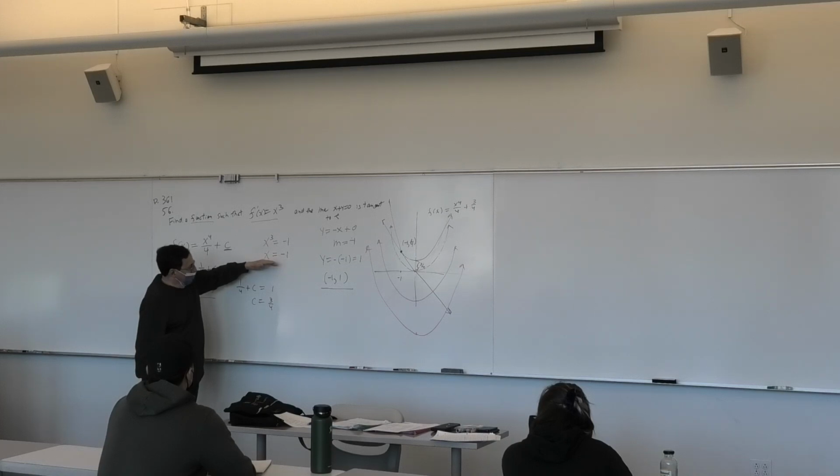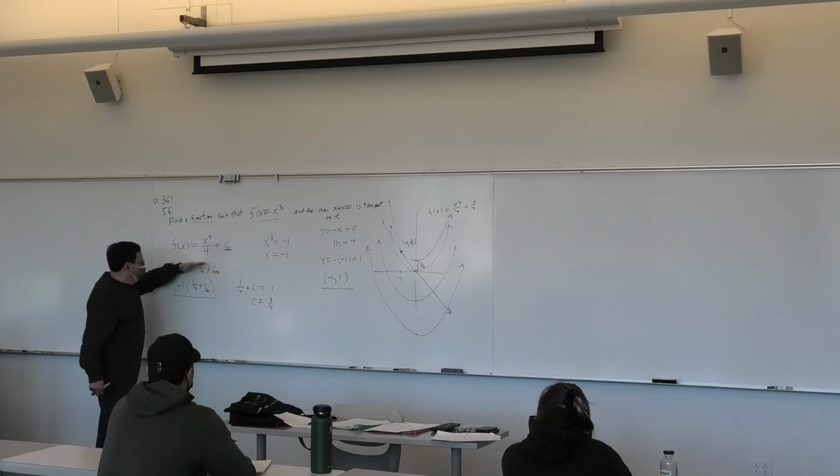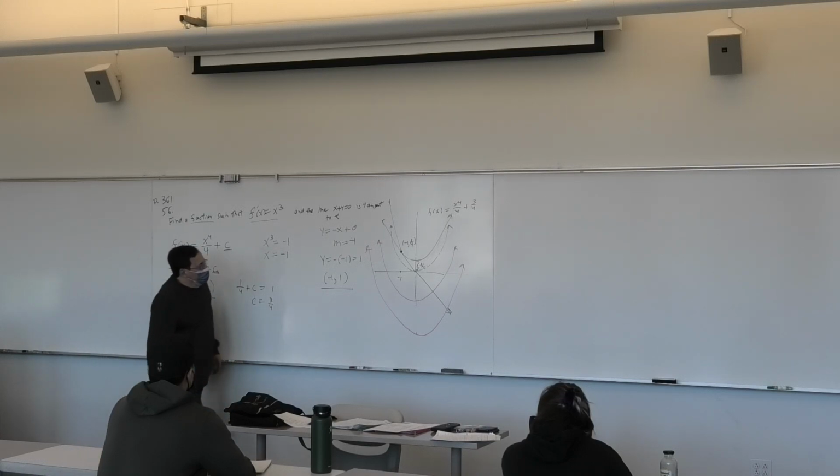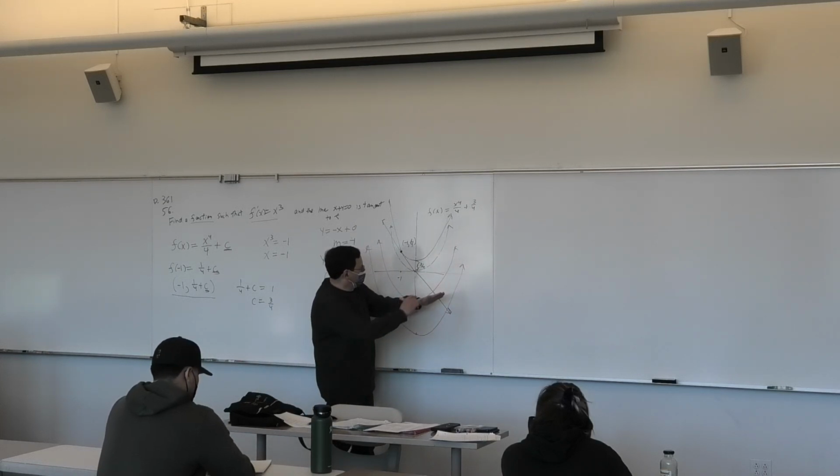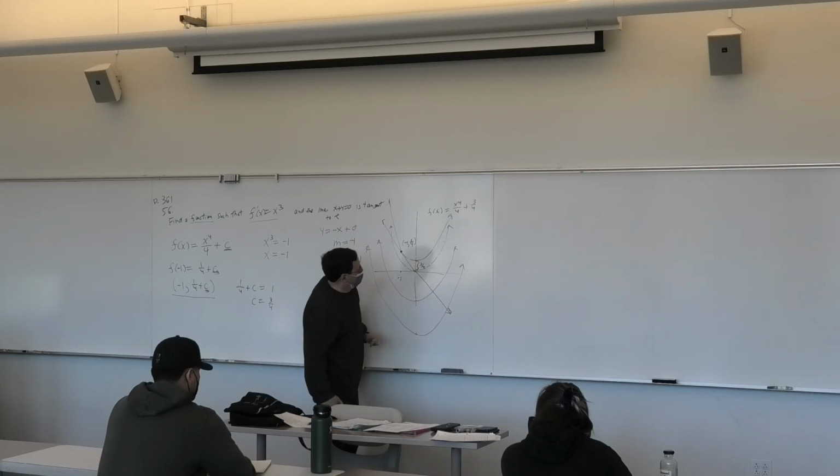Find where our function has that slope, and then adjust the c parameter so that they match. Visually, you can take any line you want, anywhere you want, and you just have to find where this slope and this slope match, and move this up and down so it matches.